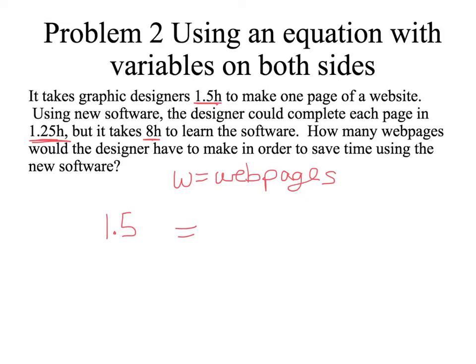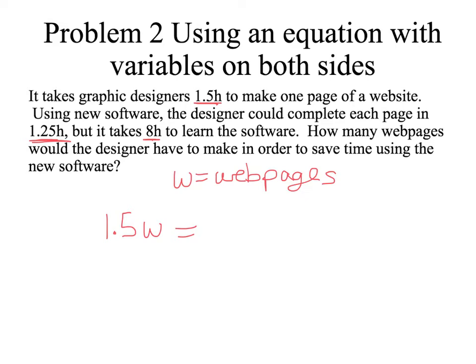So 1.5 hours per web page, right? So we don't really want to put 1.5h. It's 1.5 hours per web page. So if you're making 1, it's going to be 1.5 times 1. If you're making 2, it's going to be 1.5 times 2.